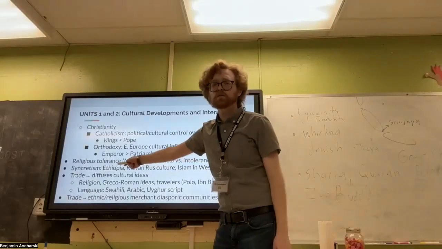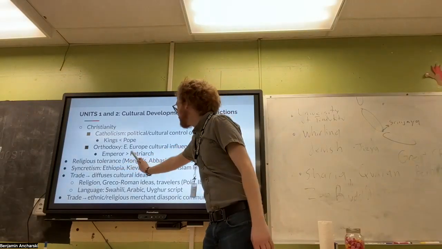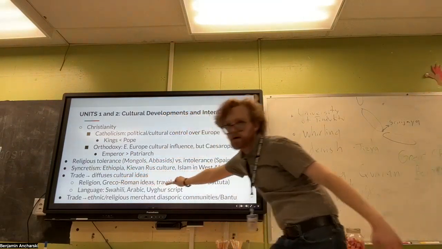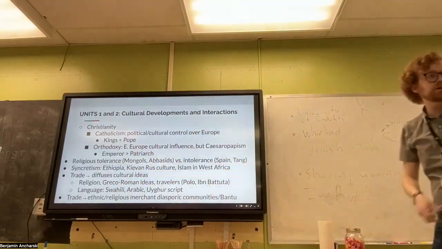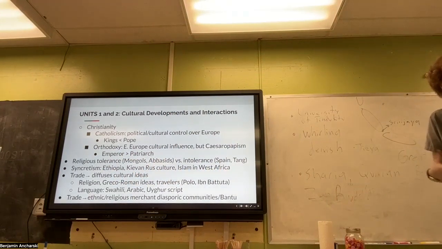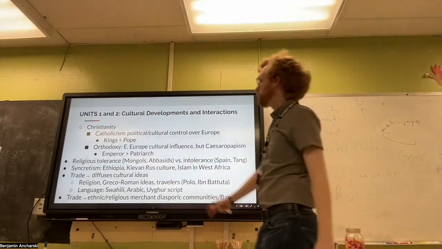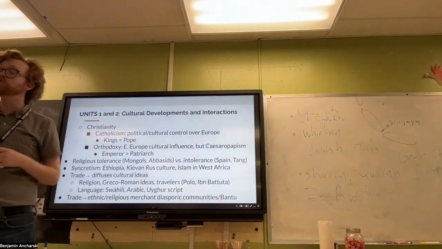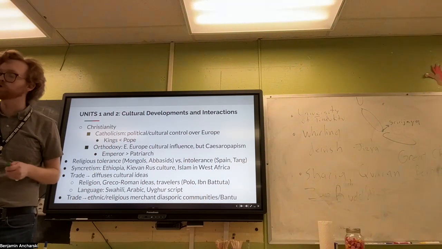Trade diffuses ideas. Trade is going to diffuse religion, but it's also going to diffuse Greco-Roman ideas. The Greeks' and Romans' ideas were being cultivated during the big event in the Islamic world, the Islamic Golden Age. Those ideas will diffuse to Europe, thanks to connections based on trade.